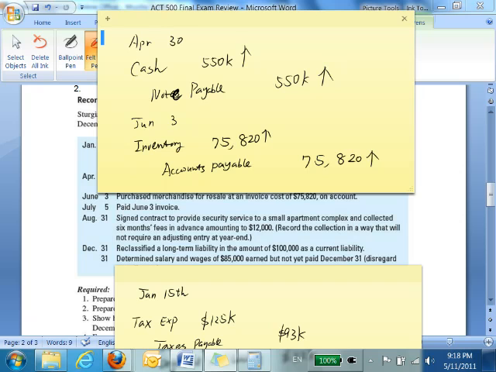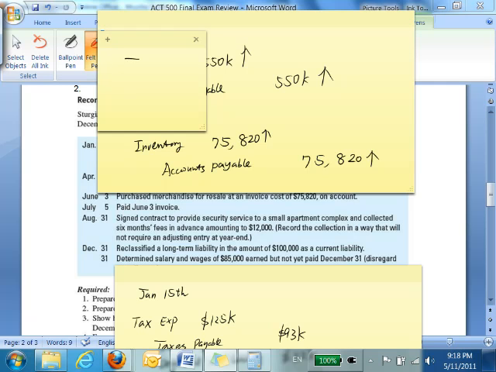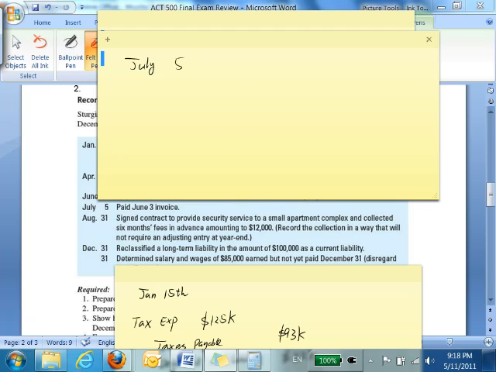Okay. Take a look at July 5th. Pay June 3rd invoice. So they pay the accounts payable, July 5th, one day after the July 4th holiday, right?